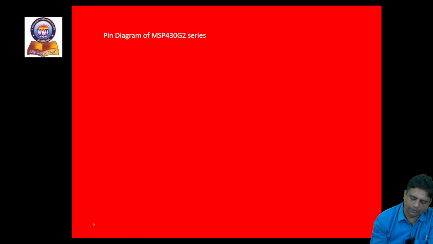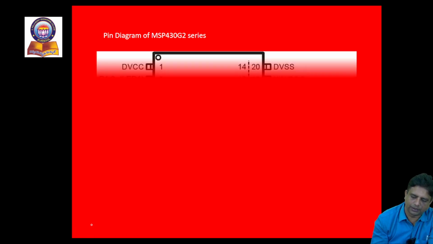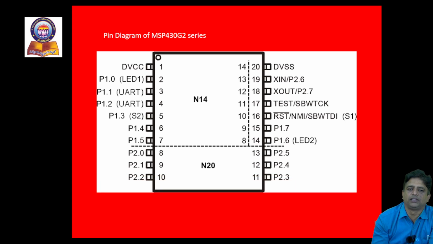If we go with the basic design, how the MSP chip appears to us, these are some of the arrangements. If we speak about the ports with respect to MSP430, the version shown on the screen is the MSP430 G2 series, which is a simple 20-pin architecture sometimes, and it can have a lower version of 14-pin architecture.